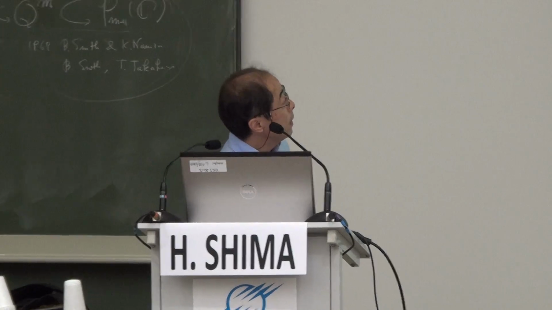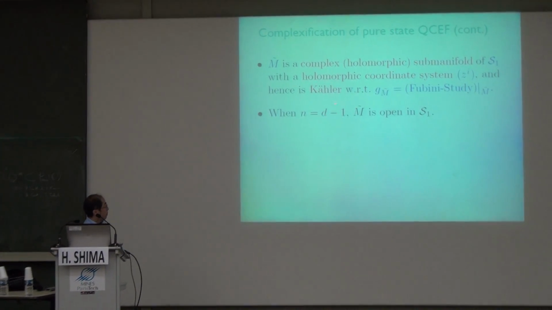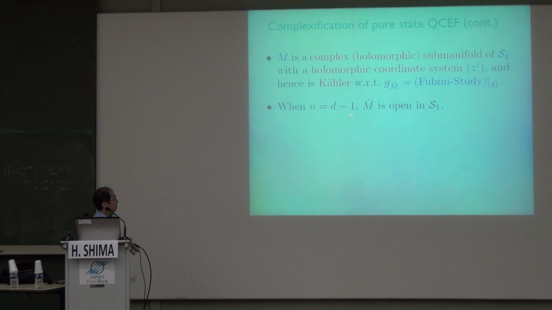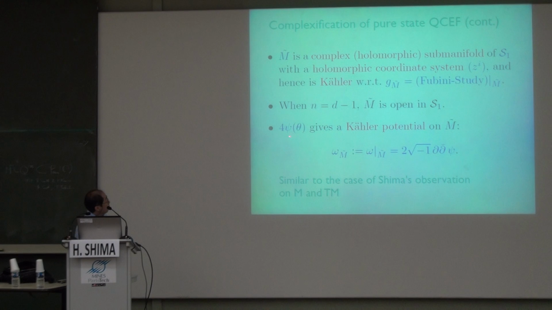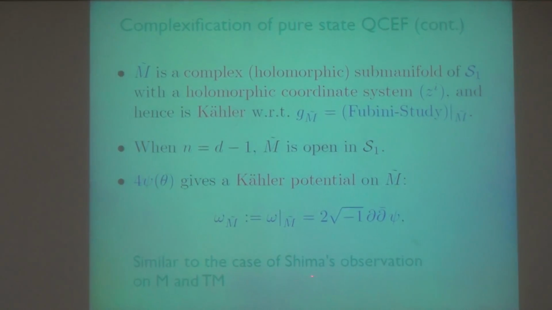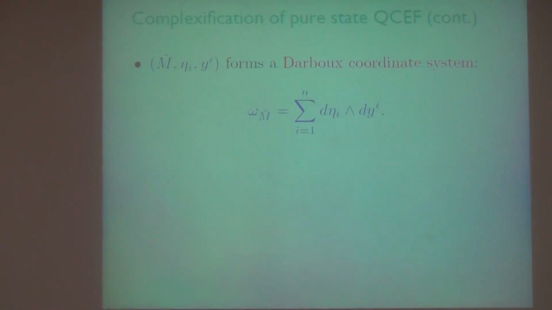In particular, when n is d minus 1, that is, the dimension of M tilde is that of the projective space itself, then M tilde is open in the projective space. And so we see 4 times psi_theta gives a Kähler potential, that is, the Kähler form is such as this, just similar to the case of Shima's observation.